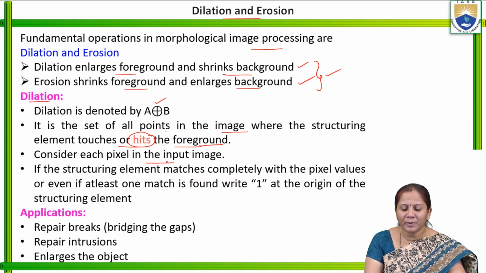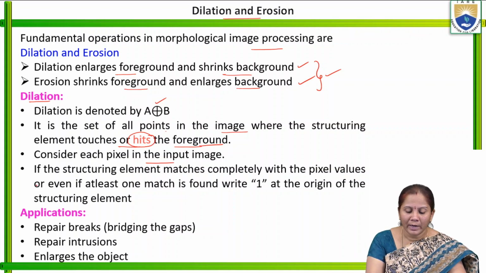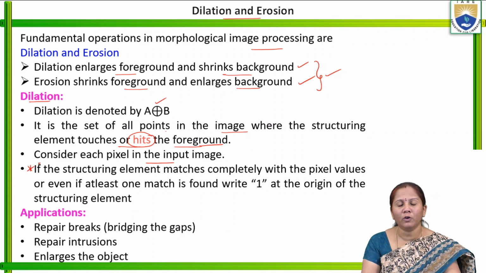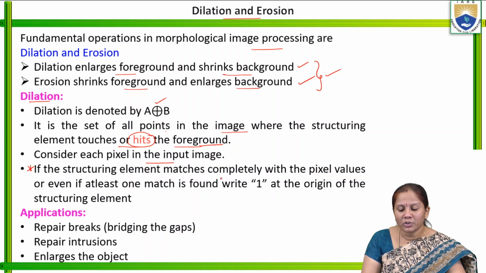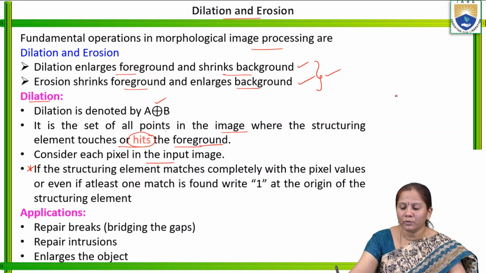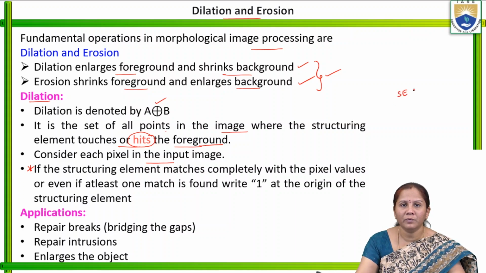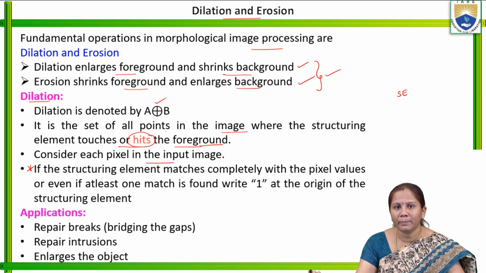Consider each pixel in the input image, and this is very important. We have to follow this condition while solving the example problems. The structuring element, indicated with SE, is a sub image which we apply on the original given image.